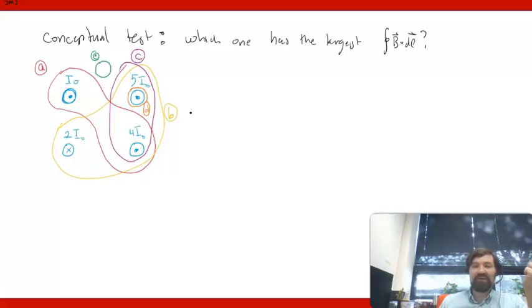So this one is 1, 5, 4, and 2, although the wires are in and out of the screen. This one, this one, and this one are all coming out of the screen towards you. This one's going into the screen away from you. And so which of these has the largest integral B dot dl? You should pause the video here and think about your answer, and then unpause it and get the answer.